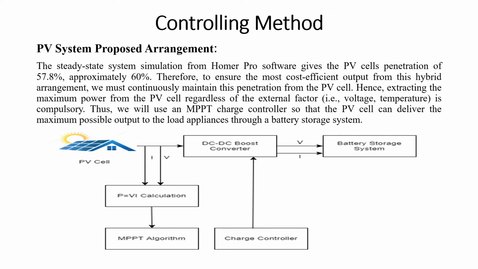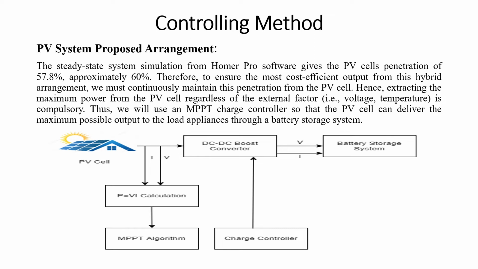So in order to do this, we will use an MPPT charge controller so that the PV cell can deliver the maximum possible output to the load appliances through the battery storage system. So this is the proposed PV system arrangement. As you can see, we will use a DC to DC boost converter, and we will use an MPPT charge controller. This MPPT charge controller will be integrated with an algorithm.